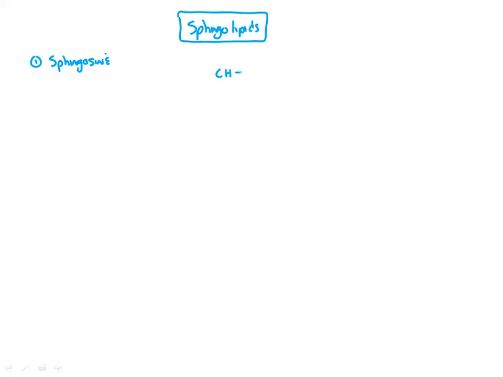It's kind of like a glycerol, but it's different in that it has a built-in chain at the top, and then in the middle carbon, it actually has an amine group, and then on the bottom carbon, it just looks like glycerol. So that's what sphingosine looks like.